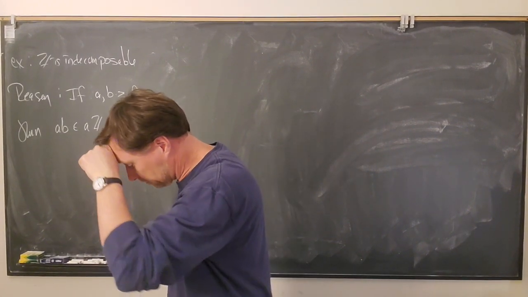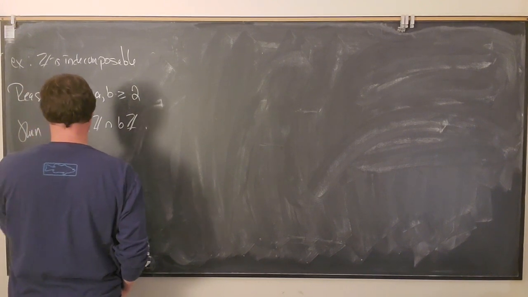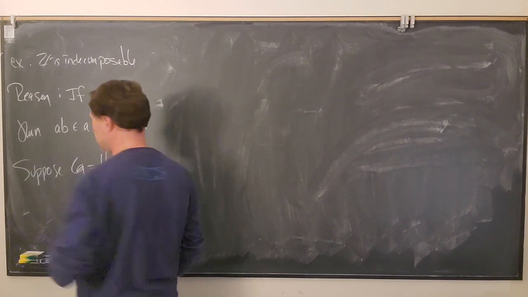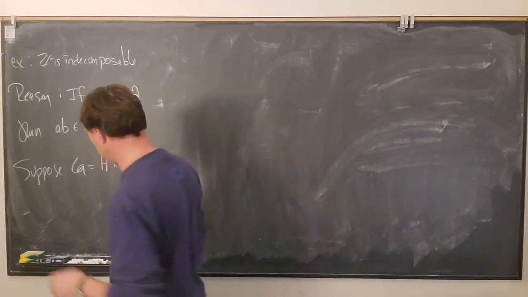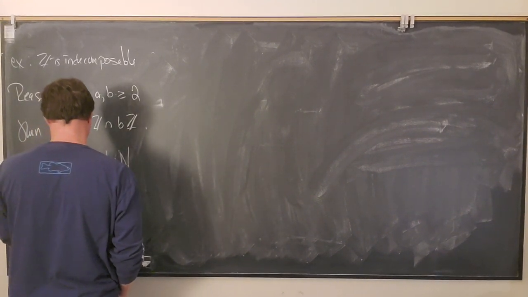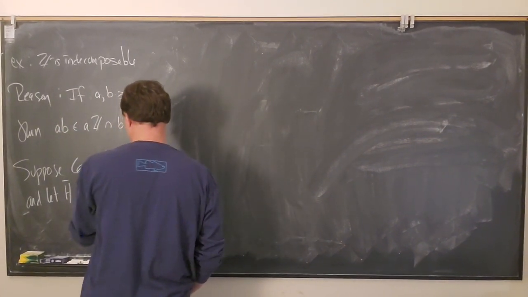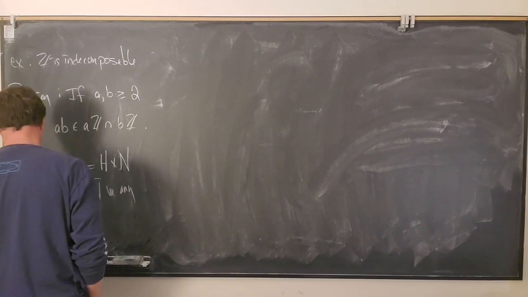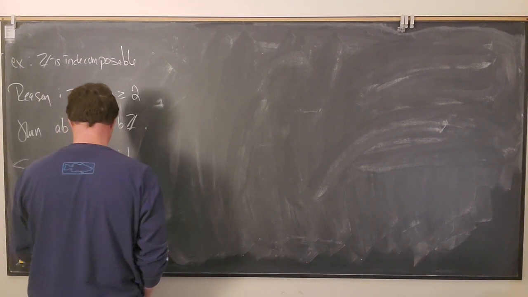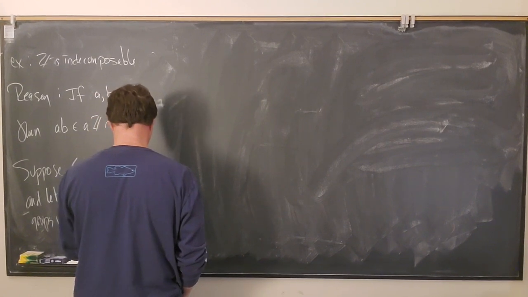So suppose G is equal to H cross N, and let H bar and N bar be any groups where H is isomorphic to H bar and N is isomorphic to N bar.